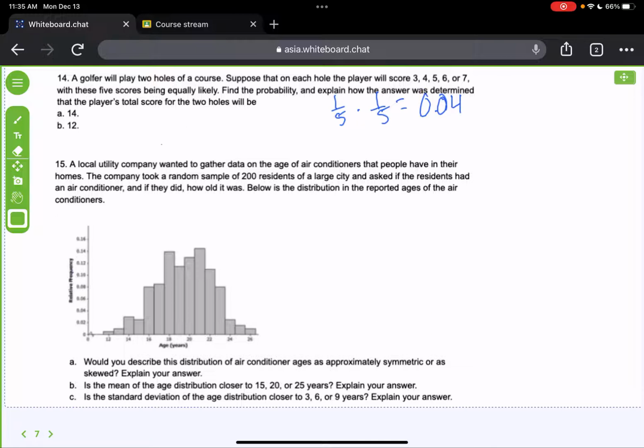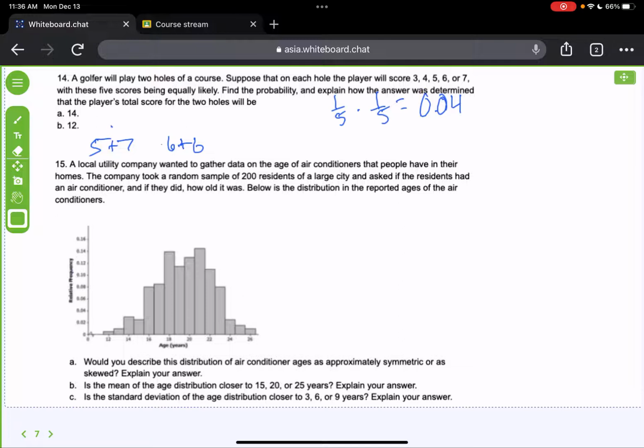So 0.04 is A. Now B says that the player will score a 12. Well, now they could score 12 by doing a 5 plus a 7, or they could do a 6 plus a 6.